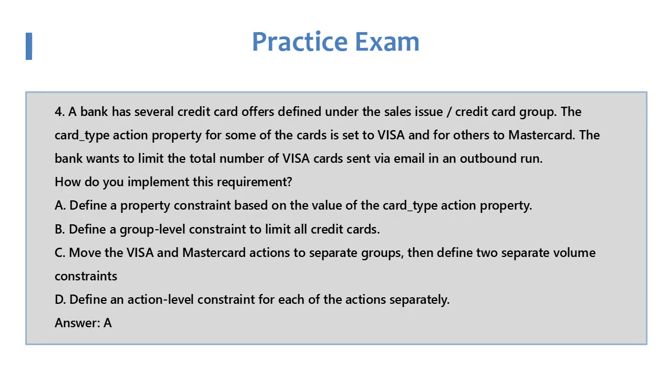A. Define a property constraint based on the value of the card_type action property. B. Define a group-level constraint to limit all credit cards. C. Move the Visa and MasterCard actions to separate groups, then define 2 separate volume constraints. D. Define an action-level constraint for each of the actions separately. Answer: A.